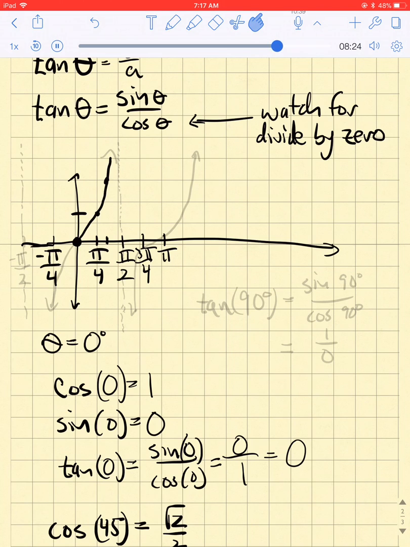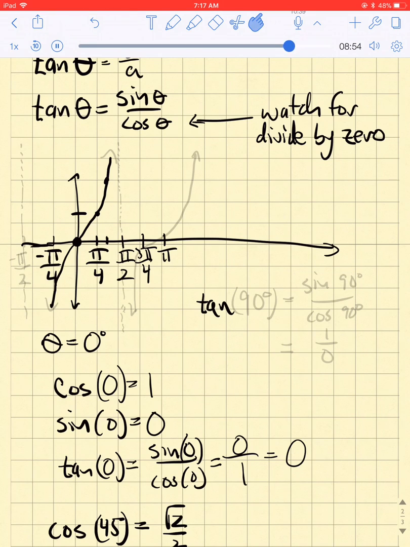Because what happens is, tangent of pi over 2 would be the sine of 90 over the cosine of 90, right? And we said the values up here for pi over 2 are x is 0 and y is 1.